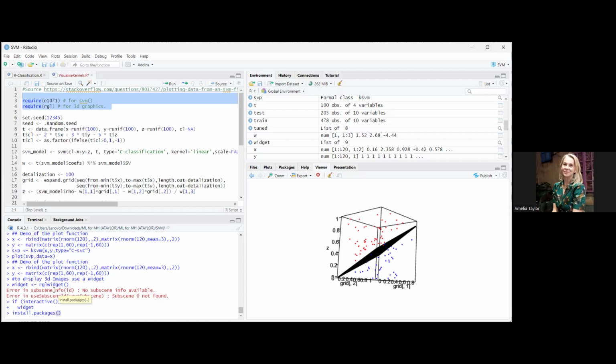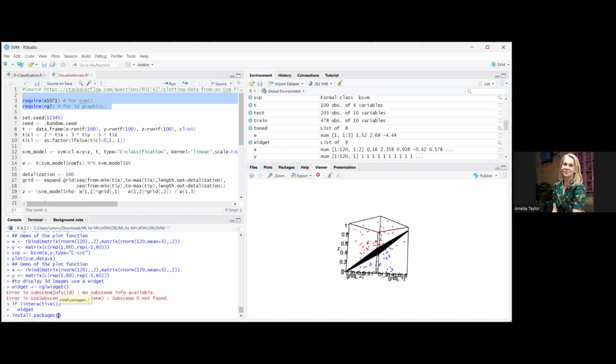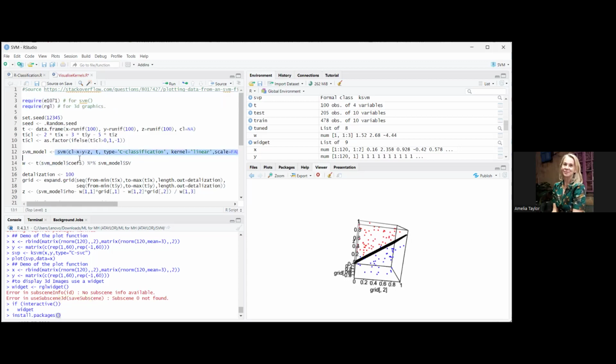So what you see here is that this simulated some data, and the data was not linearly separable in a kind of 2D plane. It had a lot of dimensions, and the support vector machine models, which you see being created here using the SVM function, will take in the data points and apply a kernel to the data, which allows you to separate the data on this higher plane.